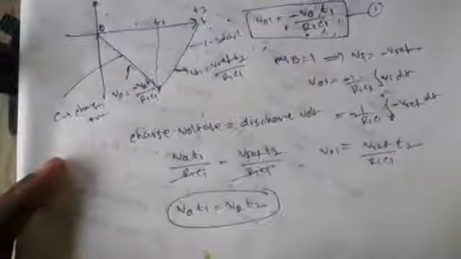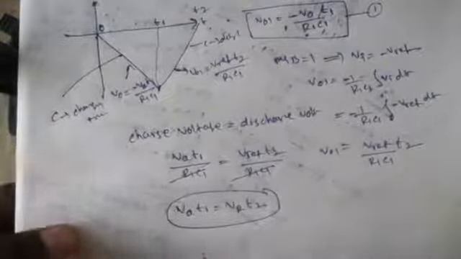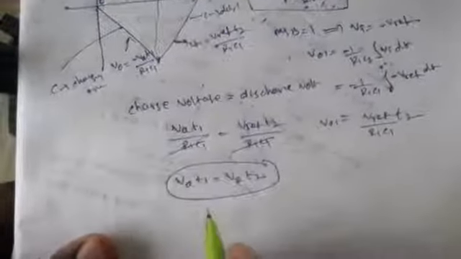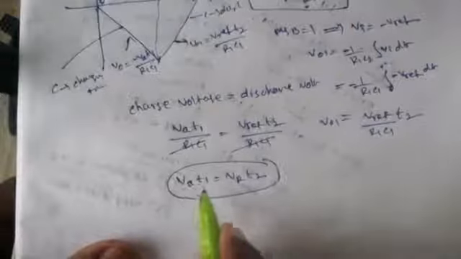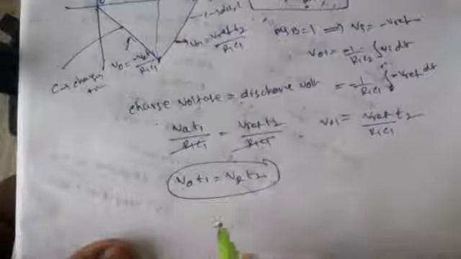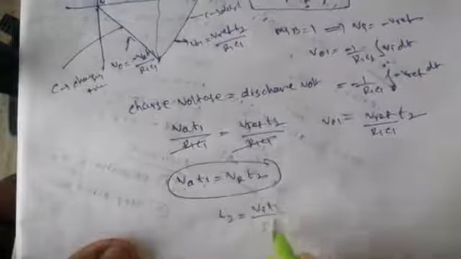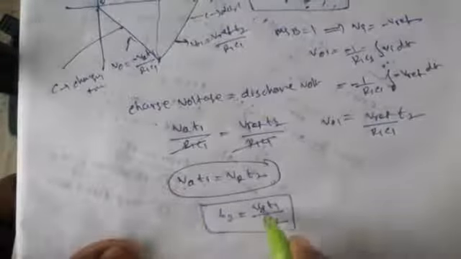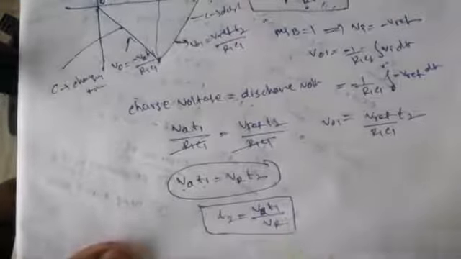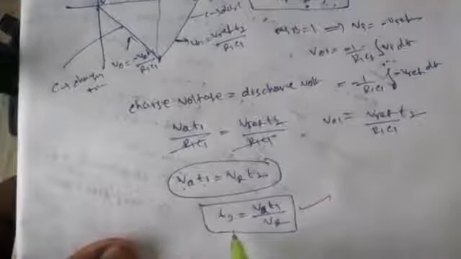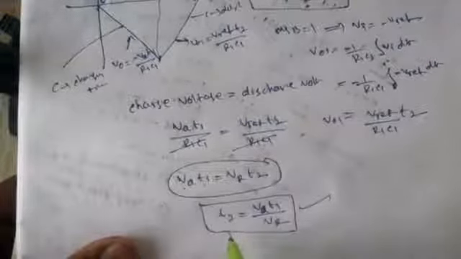In this, if we know any three parameters, we can easily calculate the fourth parameter. So if VA, T1, VR are known, T2 is equal to Vi into T1 by V reference voltage, where Vi means the analog input voltage VA into T1. By using this formula, we can easily calculate the discharge time.